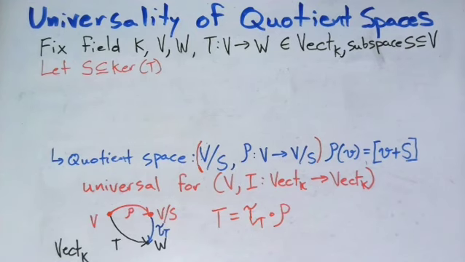And so to prove that, we need to find a unique tau of t, which is a linear transformation and which satisfies this equation.